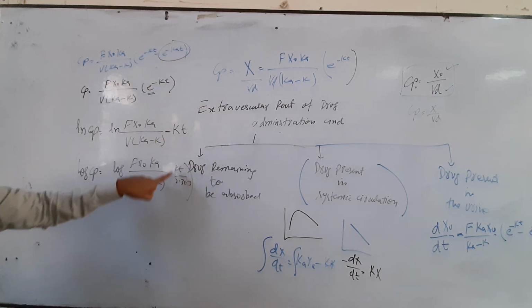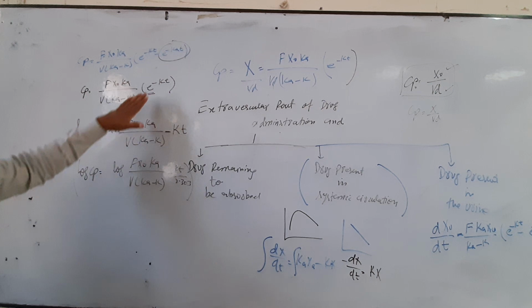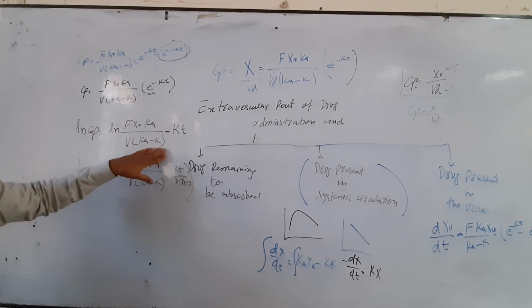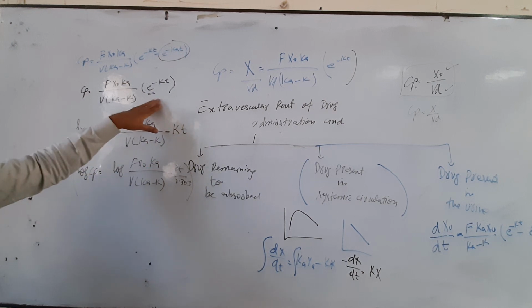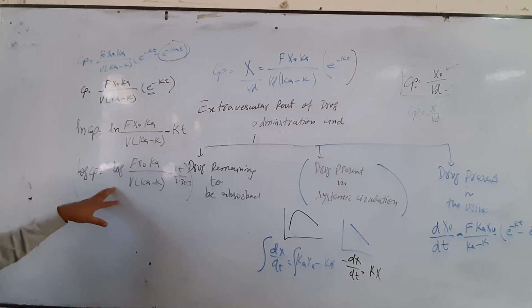If you see this type of equation, you have to assume the drug is absorbed completely. If you see this one, it means we have taken the natural log of the previous equation. And if you see this type, it means you are getting the logarithm of this value.